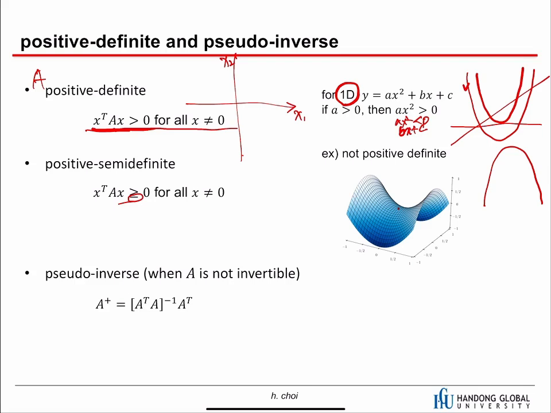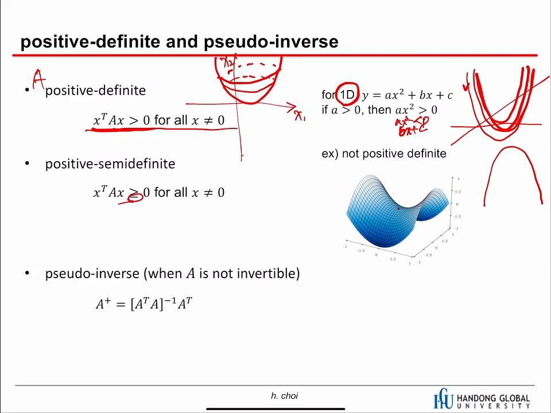If this is positive, then in any direction we have this shape.